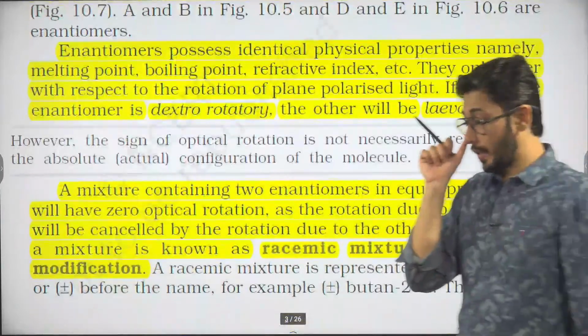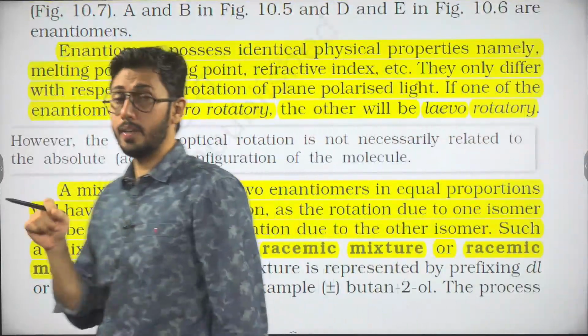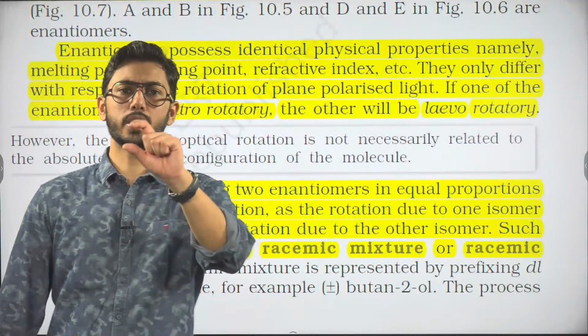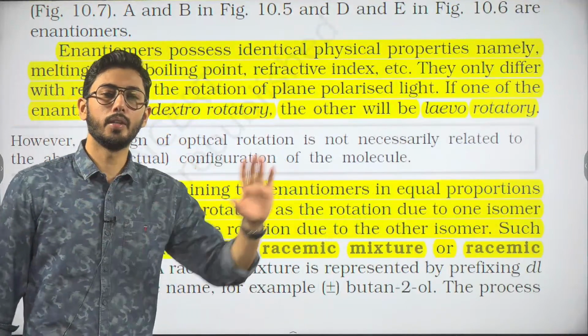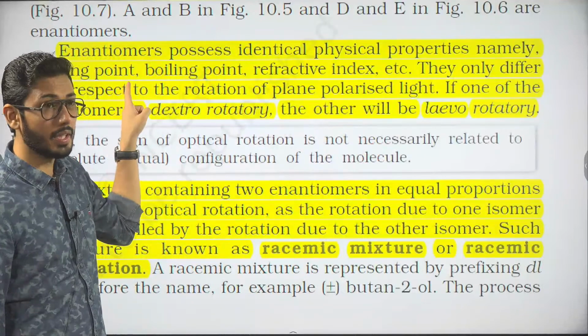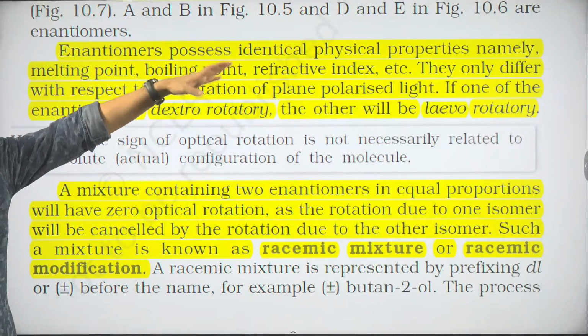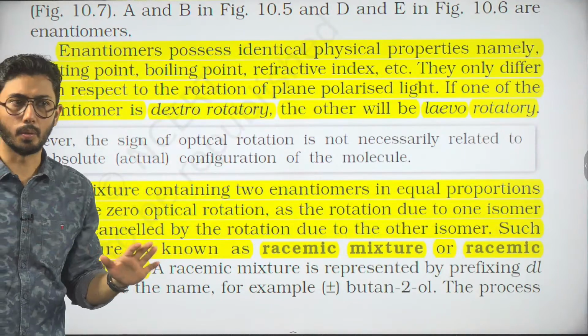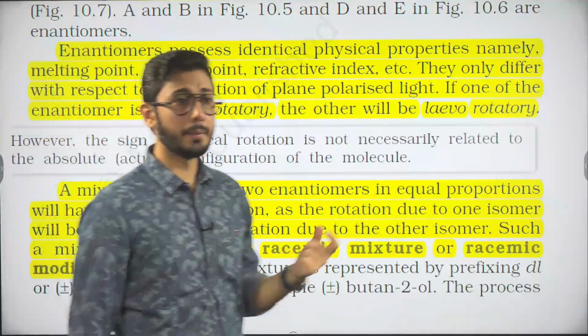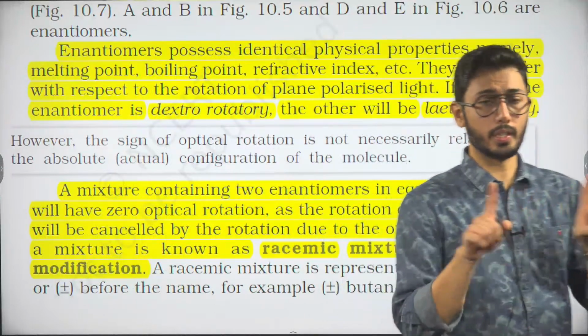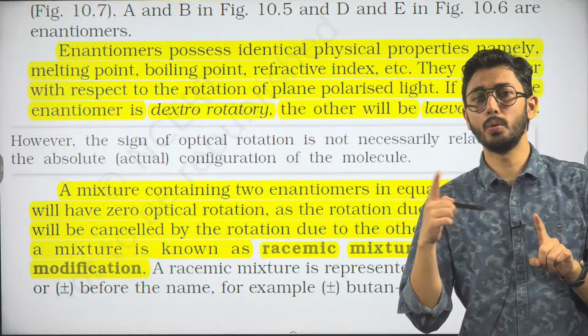Next, enantiomers have identical physical properties. If you remember this line, you can easily mark a statement type question. Enantiomers have the same physical properties, like boiling point, melting point and refractive index. But they differ from each other in the rotation of plane polarized light.